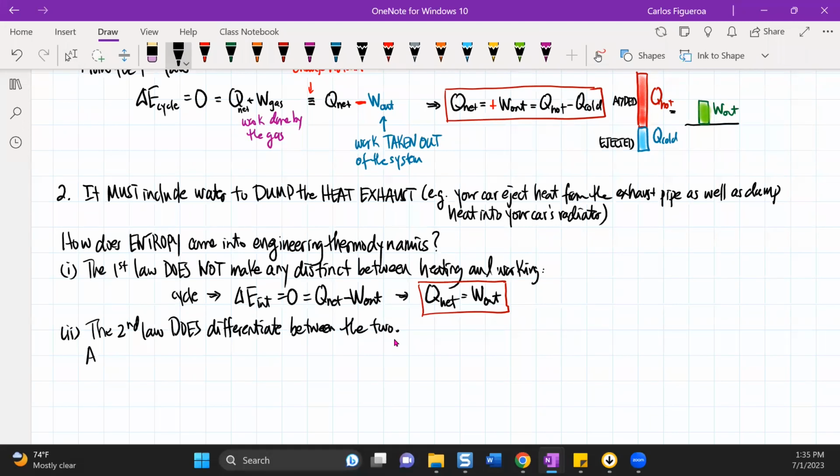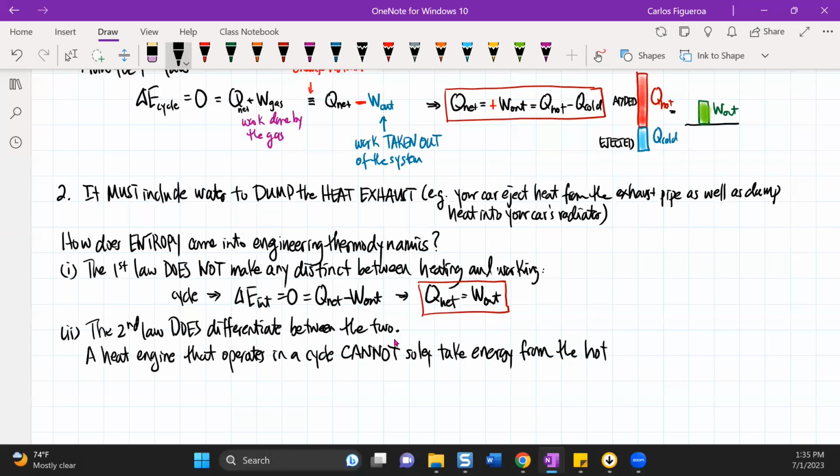So a heat engine that operates in a cycle cannot solely take energy from the hot reservoir, QH, and put out an equal amount of work.